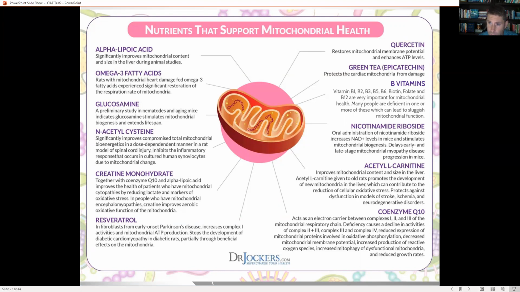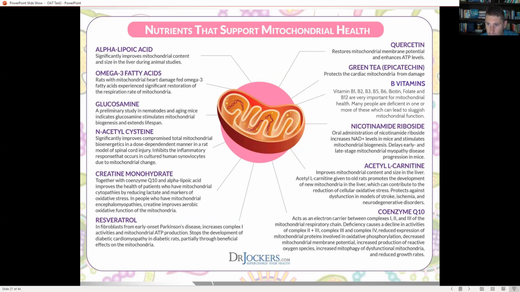Really, all of our B vitamins are important players in overall mitochondrial health, particularly NAD, or nicotinamide riboside, can be very powerful here. Acetyl L-carnitine, very important for basically getting fatty acids into the mitochondria to be used for energy. And then coenzyme Q10 plays a critical role.